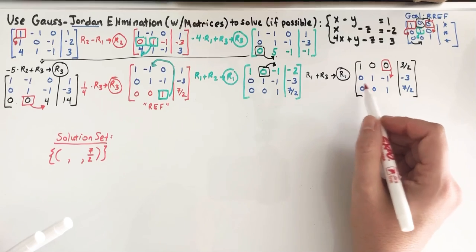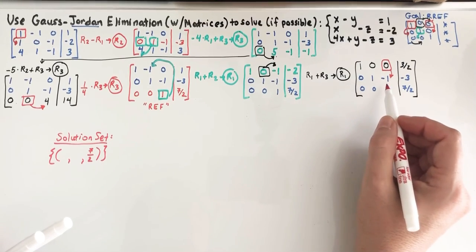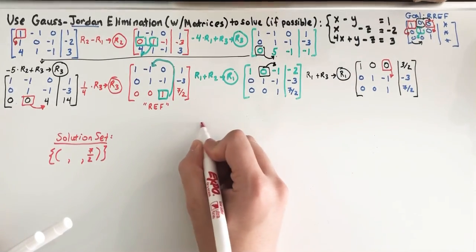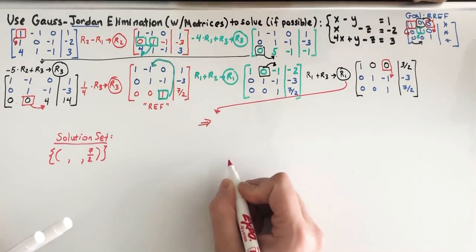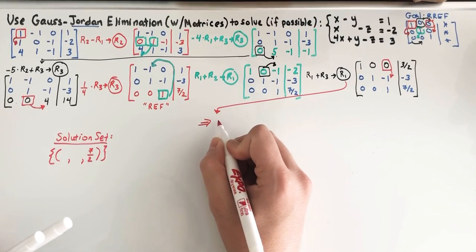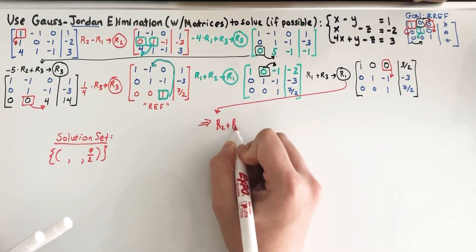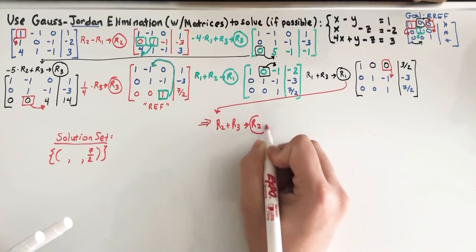But we could add it with row 3, and that would unchange these two entries, but it would change the one we're interested in. So let's do that final step here. So our final step would be to take row 2, adding it to row 3, putting the result in row 2, and see what we get.